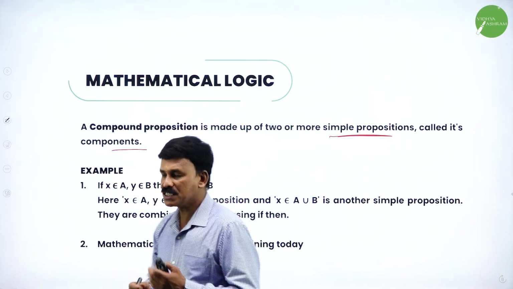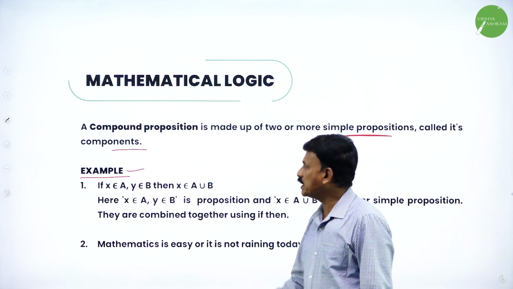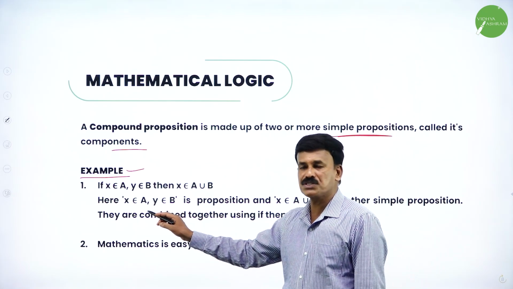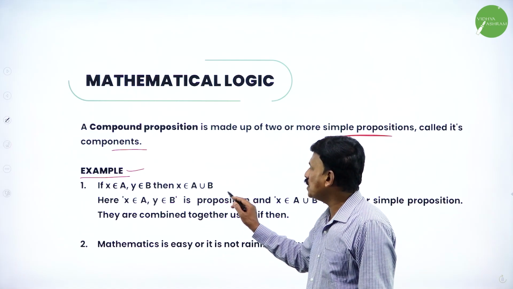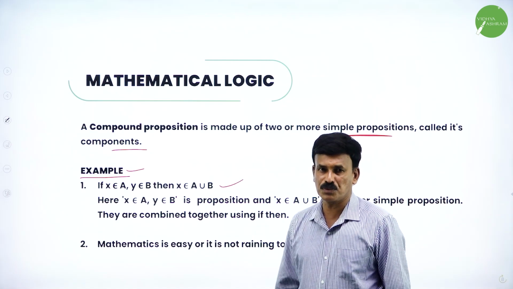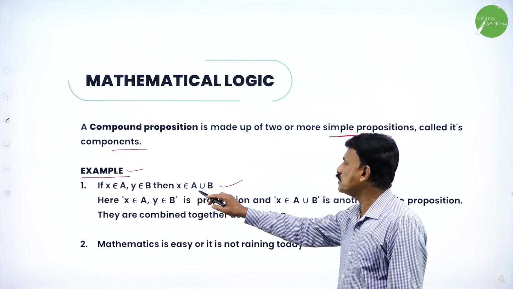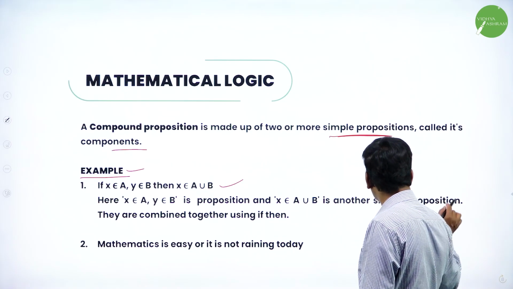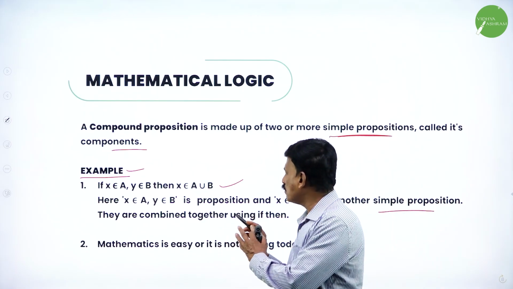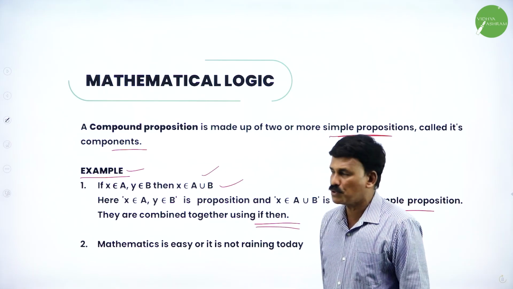Now, let me explain with an example. Let us consider an example for a compound proposition. If x belongs to A, y belongs to B, then x belongs to A union B is the compound proposition. Here, x belongs to A, y belongs to B is a proposition, and x belongs to A union B is another simple proposition. Then they are combined together using if-then to get a compound proposition.